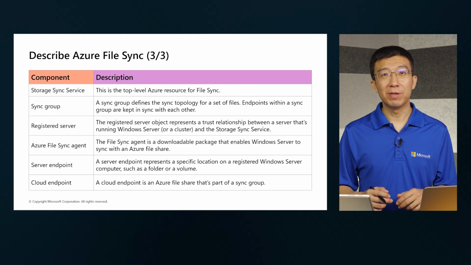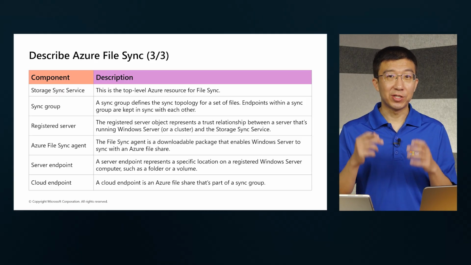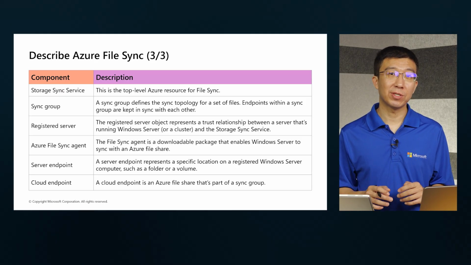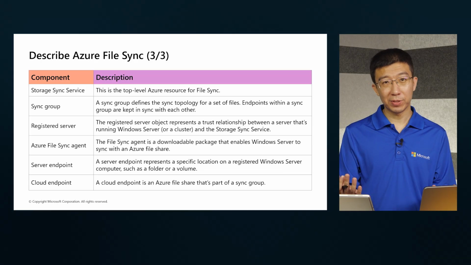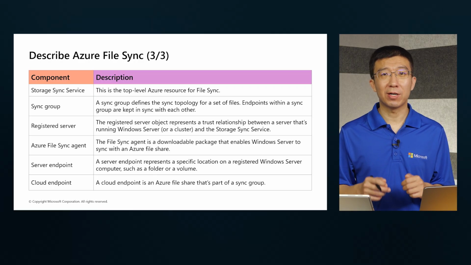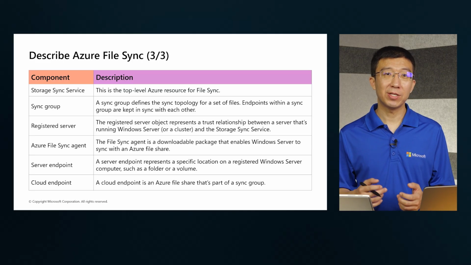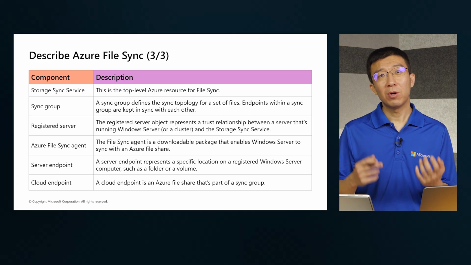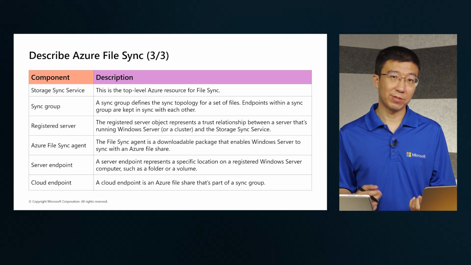Let's recap the main components of Azure File Sync. Storage Sync Service, the top-level Azure resource for managing file sync. Sync Group defines which files and endpoints are kept in sync. Registered Server represents a trusted Windows server or cluster connected to the Storage Sync Service.